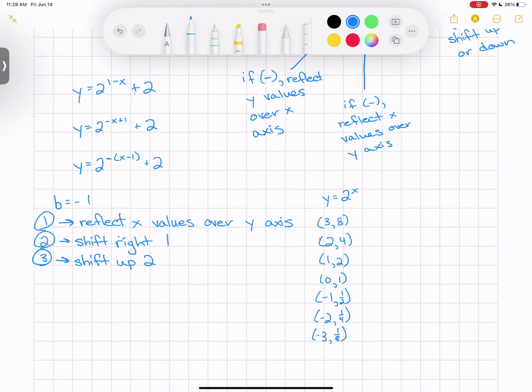Okay, so step 1, I'm reflecting my x values. In other words, I'm multiplying my x values by -1. So each of my x's, I multiply by -1.